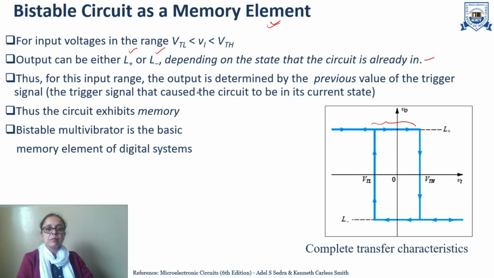Means for this input range, the output is being determined by the previous value of the trigger signal, the trigger signal that caused the circuit to be in the current state. Thus, the circuit behaves as a memory element in this range. So, the bistable multivibrator is the basic memory element for any digital system also.